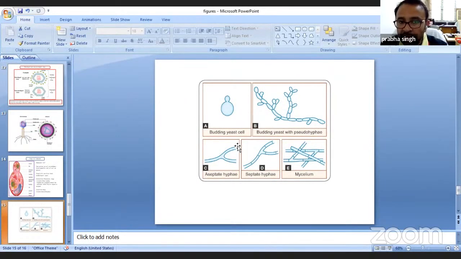So in the case of aseptate hyphae, we do not have any partition, while in the case of septate hyphae, we have the partitions. And these hyphae together, they will form mycelium. So this is the basic structure of a fungi. So I think so this is my last slide.